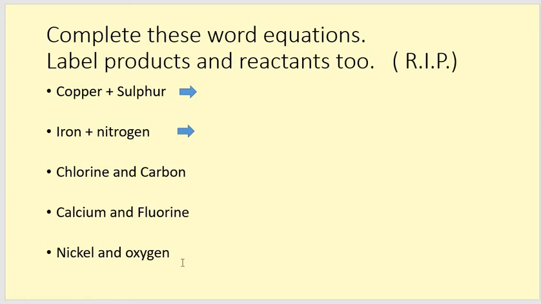Now, for all of these, you are going to need to write out the starter, the arrow, and the products. You cannot just do the products because you are writing a word equation. You need to have what you began with, show it changed, and what you finish with. Again, you are going to need to pause the video here.